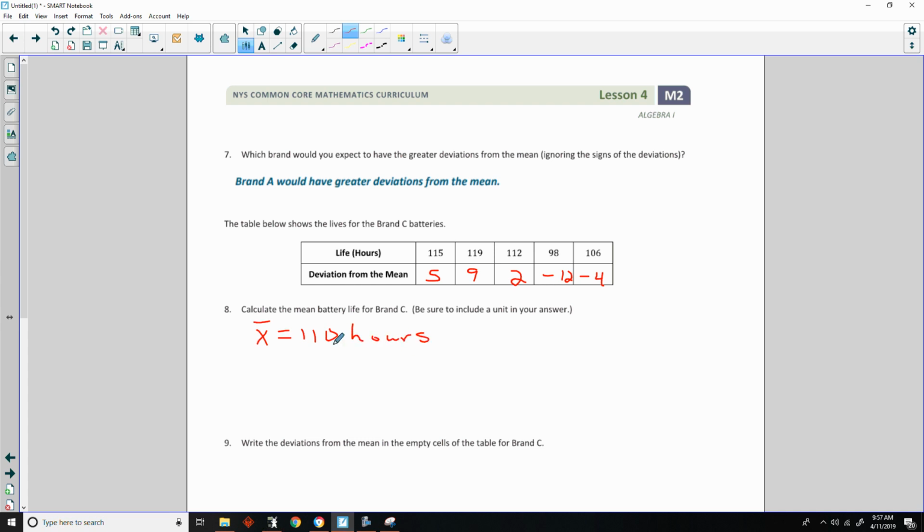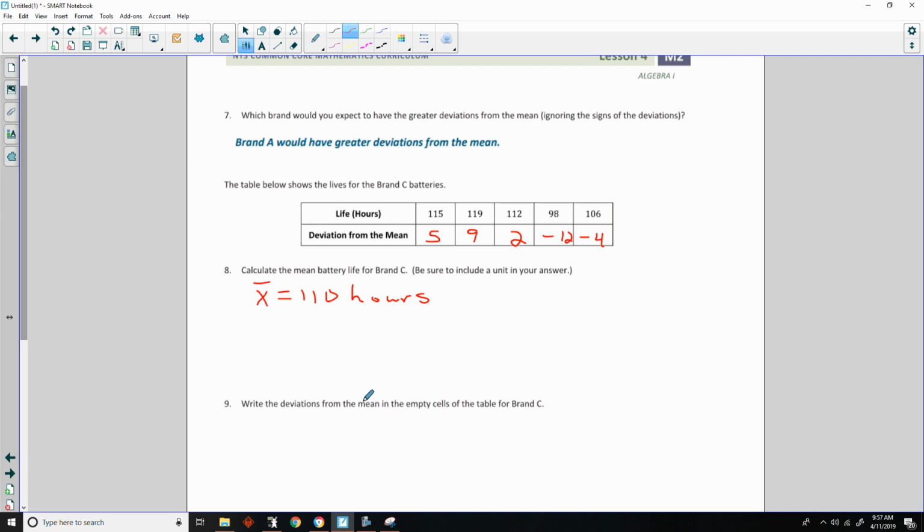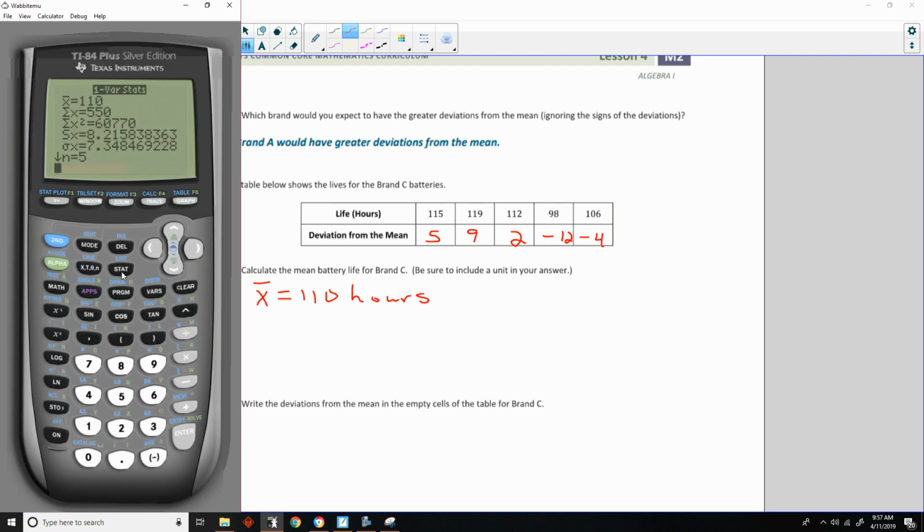Okay. Number 9, write the deviations from the mean in the empty cells on the table for brand C. Okay, so we just did that. That came from doing the stat calculate, where L4 equals this column here minus... it doesn't let me go down there.